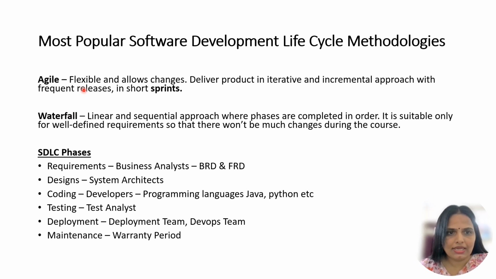As you can see, Agile is flexible and allows changes. Why are we saying it is flexible and allows changes? Suppose in the requirements phase, the business analyst has gathered all the requirements from the stakeholder.